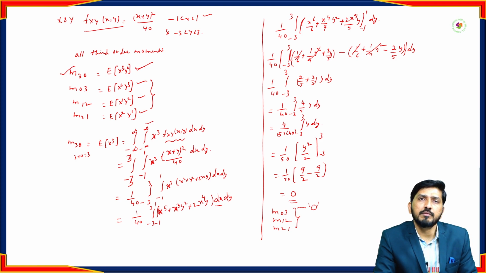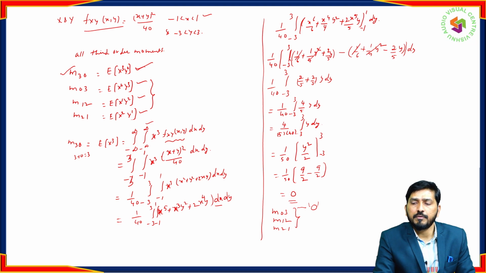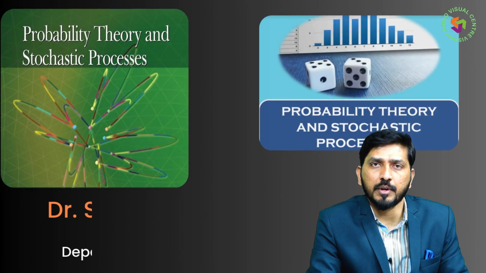In the next class, we will extend this topic with respect to x and y discrete random variables, and a few more problems related to both continuous and discrete we will perform.